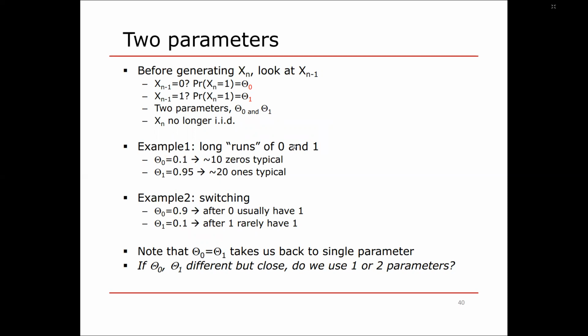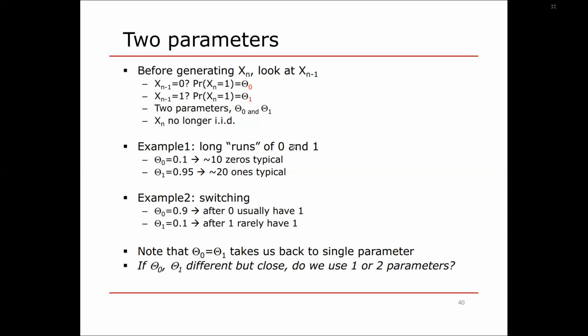So whereas earlier we had a single parameter theta, we now have two parameters, theta 0 and theta 1, corresponding to the previous sample being 0 or 1. You'll note that xn is no longer IID, because depending on whether our previous bits were 0 or 1, we could have different probabilities for the next sample or bit.